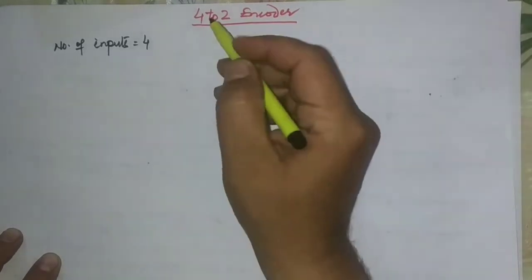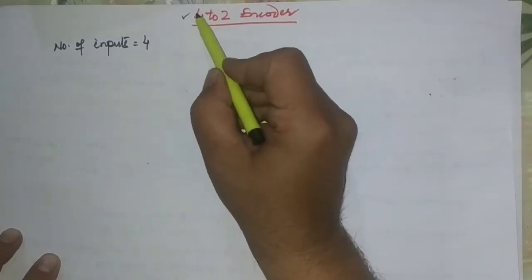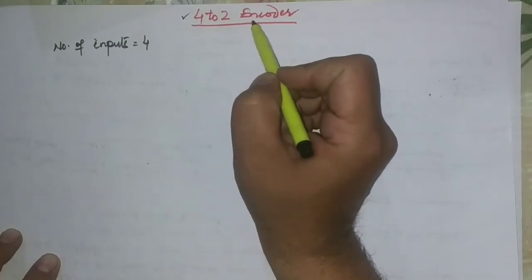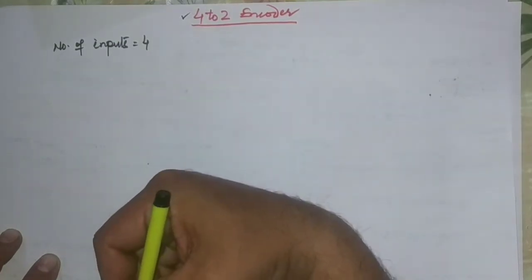For the basics of encoders, you can go through the previous lecture, the encoders introduction. But because now we are designing a 4 to 2 encoder, we will not discuss those basics that we have already done.